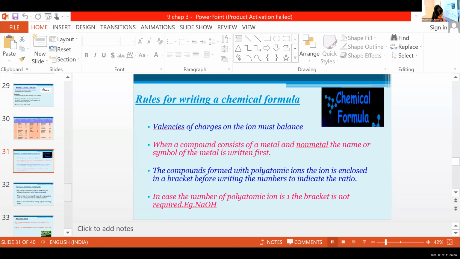But here there is only one polyatomic ion, that is one OH, so no need to write the brackets. But for more than one polyatomic ion, the bracket is needed. Clear?